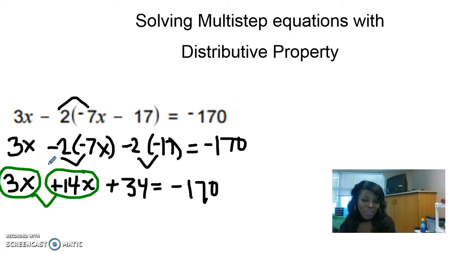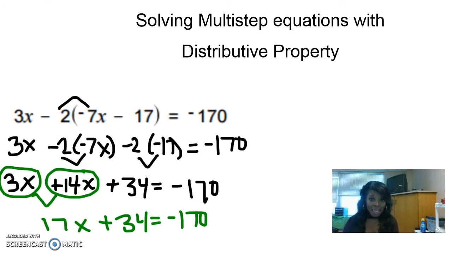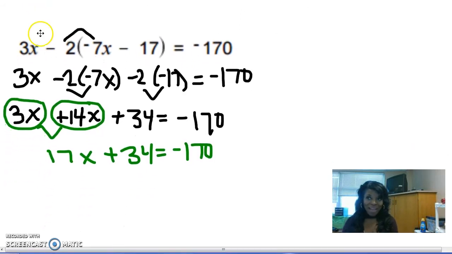The number before the variable, right? Okay, so 3 plus 14. So we have 17 x's plus the 34 equals -170, which is a bigger number than I've been giving you, but we are big kids, right? I'm a big kid now.